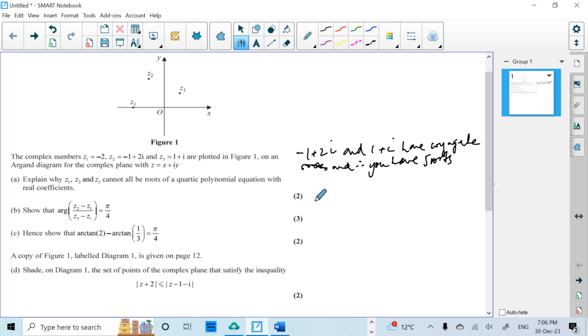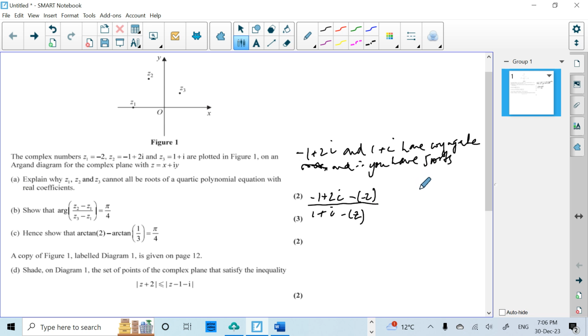Well, if I do that, z2 minus z1 straight away, so I've got minus 1 plus 2i minus z1, which is minus 2, all over z3 minus z1, which is 1 plus i minus minus 2.